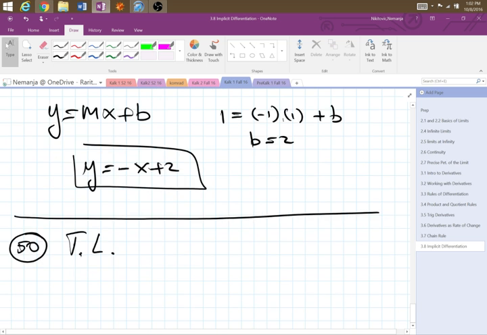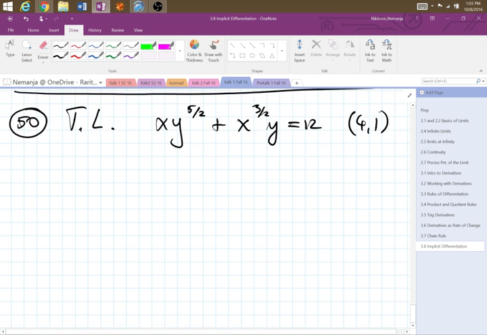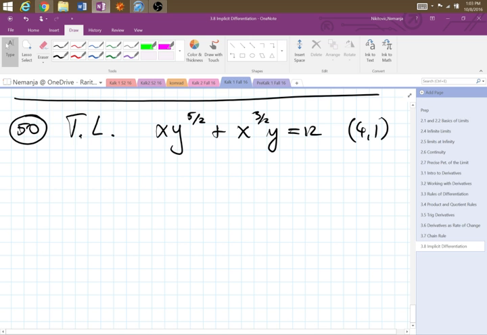So tangent line, they give this wonderful, look at this, y x to the 5/2 plus x to the 3/2 times y is equal to 12, and they give you a point (4, 1).